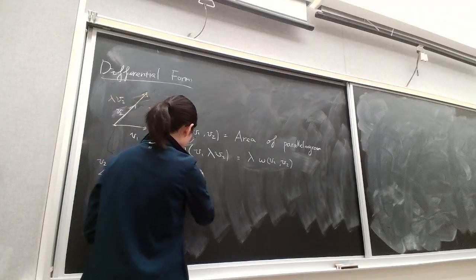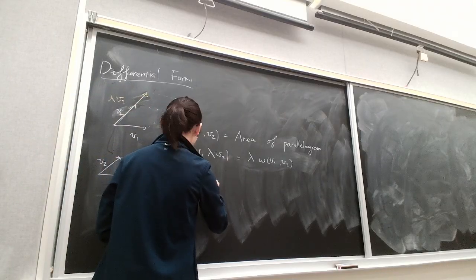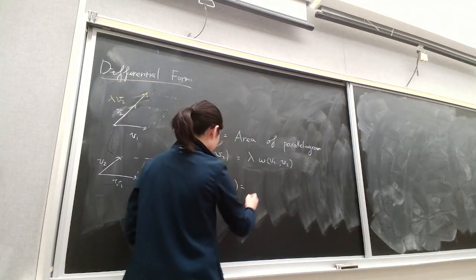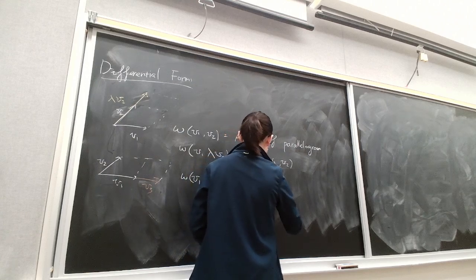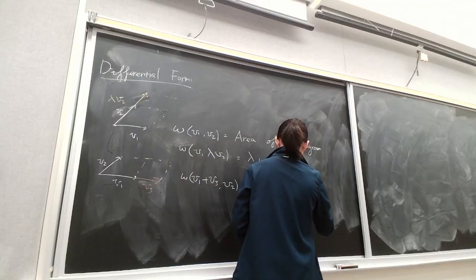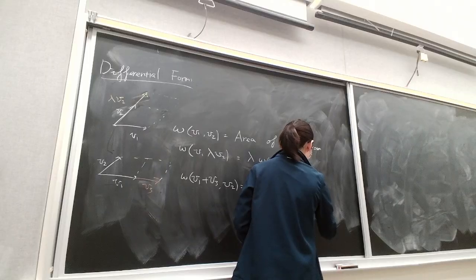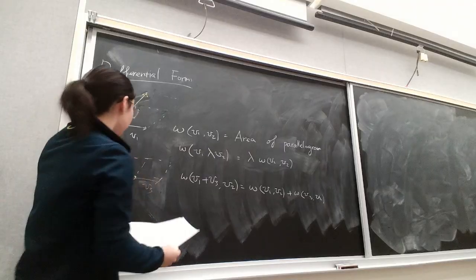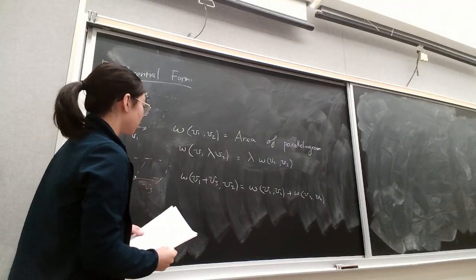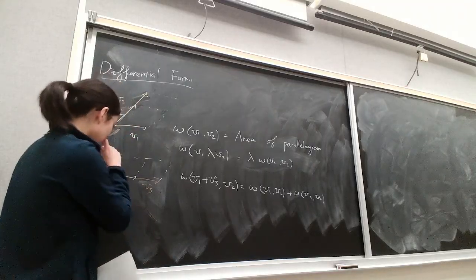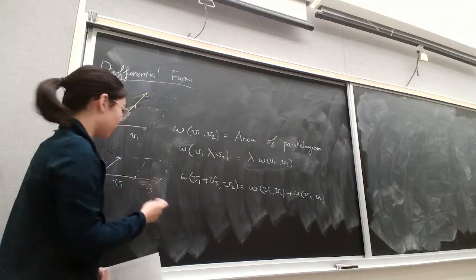So you would want omega of v1 plus v3 comma v2 to be equal to omega of v1 comma v2 plus omega of v3 comma v2. So basically we require omega to be linear in each entry, because we wanted to represent the area of a parallelogram.